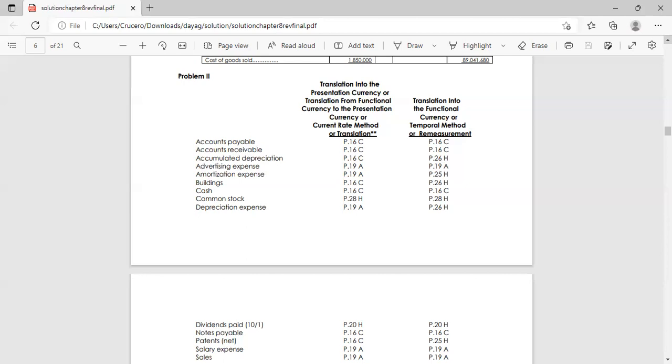Next item is cash. And cash is a monetary item. So for both methods, we use the current or the closing rate. So 0.16 being your rate as of December 31, 20x9, the current or the closing rate.